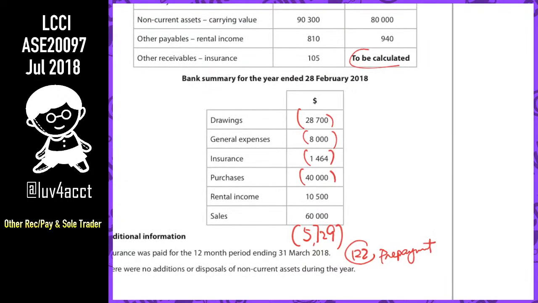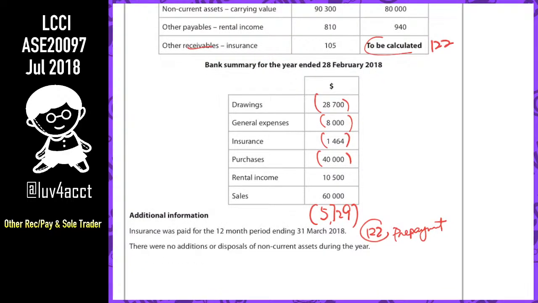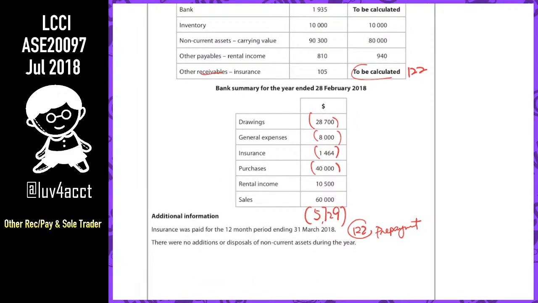Going back here, this is other receivables, that means prepayment 122. There were no additions or disposals of the non-current asset.